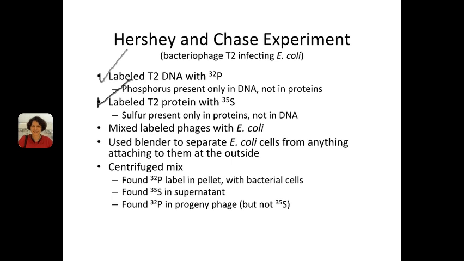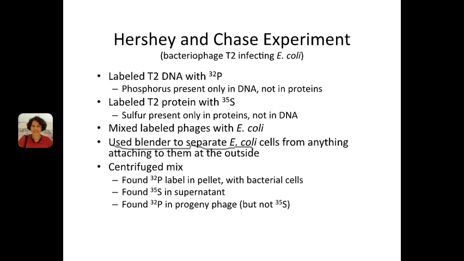They mixed these phages with E. coli in separate experiments. So they allowed the labeled phages to attach to the E. coli cells and sit there for maybe 5-10 minutes. Then they put them through a blender. So put them in the blender, press frappe or mix or blend, whatever.